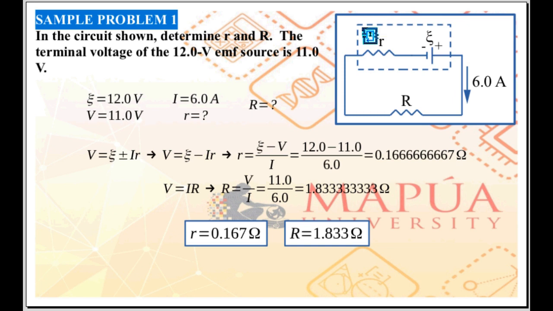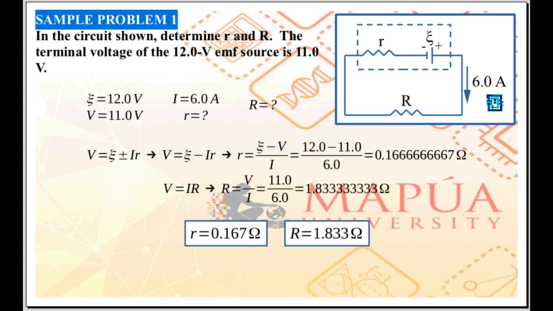Now, the real EMF source is connected in parallel to the resistance capital R, which means the voltage across the real EMF source is the same as the voltage across the resistor. The voltage across the EMF source is the terminal voltage V. That means the terminal voltage V is also the voltage across the resistor R. And Ohm's law tells us V is equal to IR.